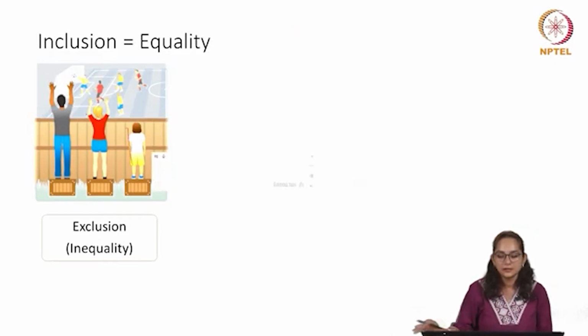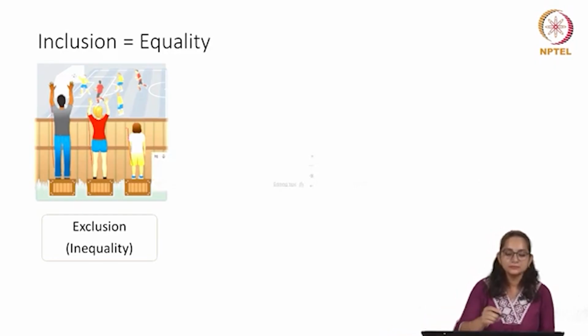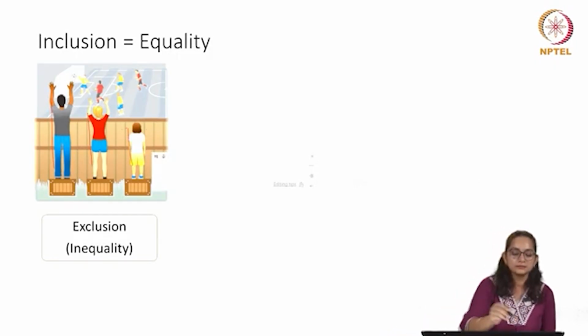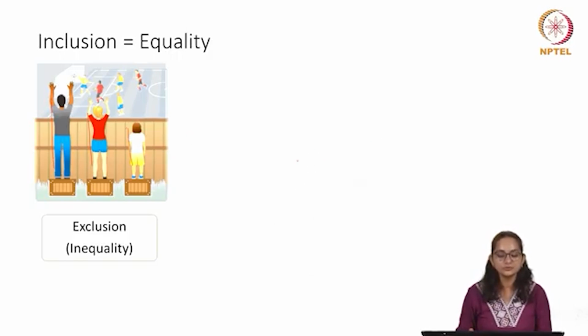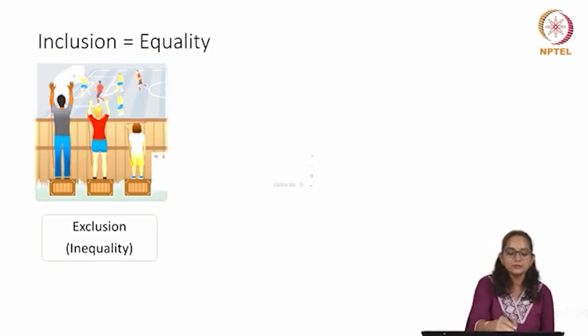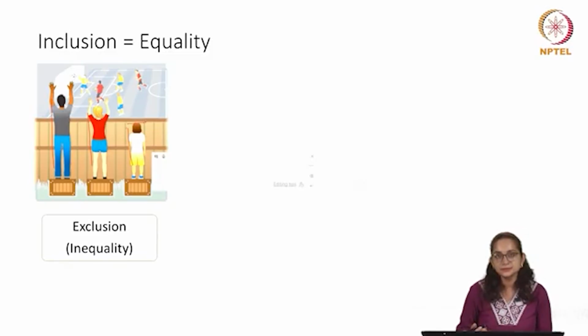They are of different heights, and in this case, the user is unable to access the match itself. Of course, this is exclusion and inequality. Not all kinds of people are able to watch it.